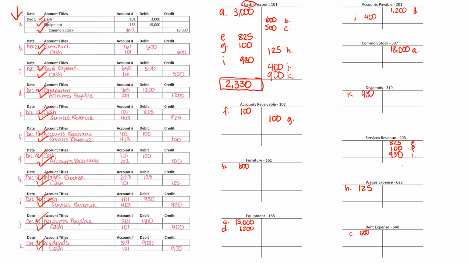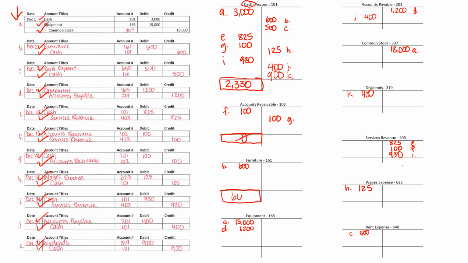Okay, accounts receivable is also an asset, so it has a normal debit balance. Here it had an increase, a debit of 100, and a decrease, or a credit, of 100, which would give it a zero balance. It increased by 100, then it decreased by 100, so overall the ending balance is zero. Furniture is an asset, so it will have a normal debit balance.